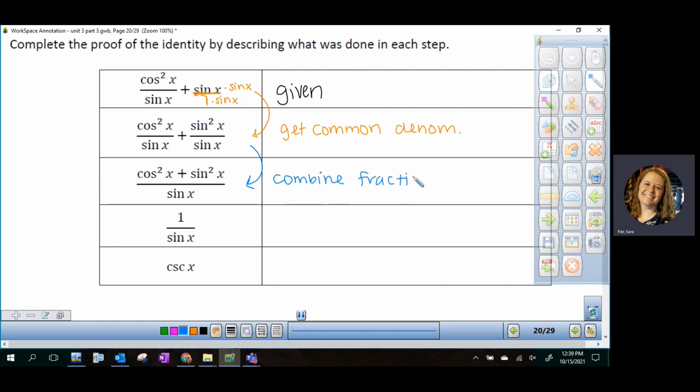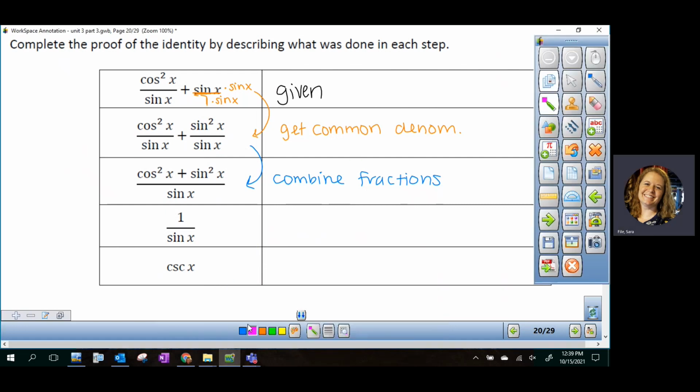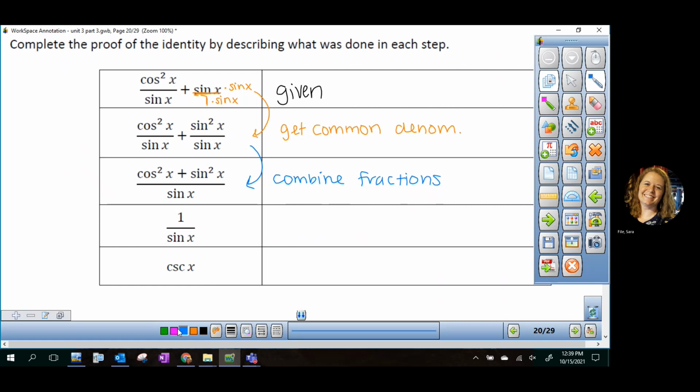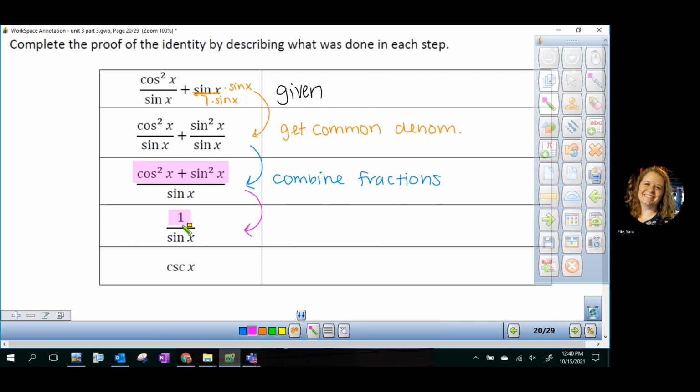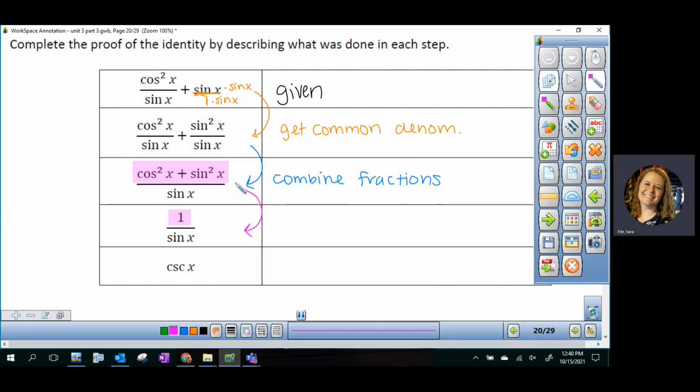You may think of that as simplifying. So they simplified this from 2 fractions to 1 once they had the common denominator. Now, what was done to get from this line to this line? They completely changed their numerator, right? Why were they able to do that? What's the rule that says that those are equivalent?